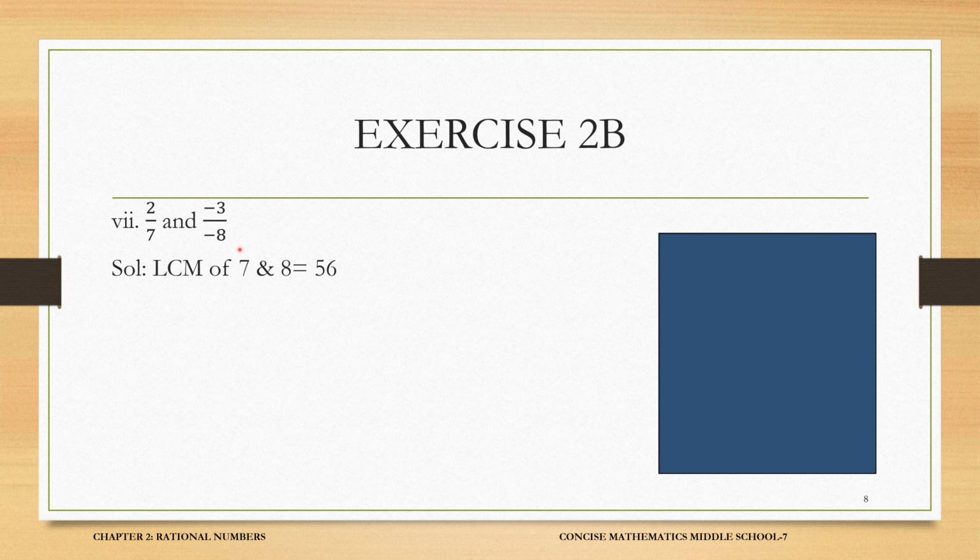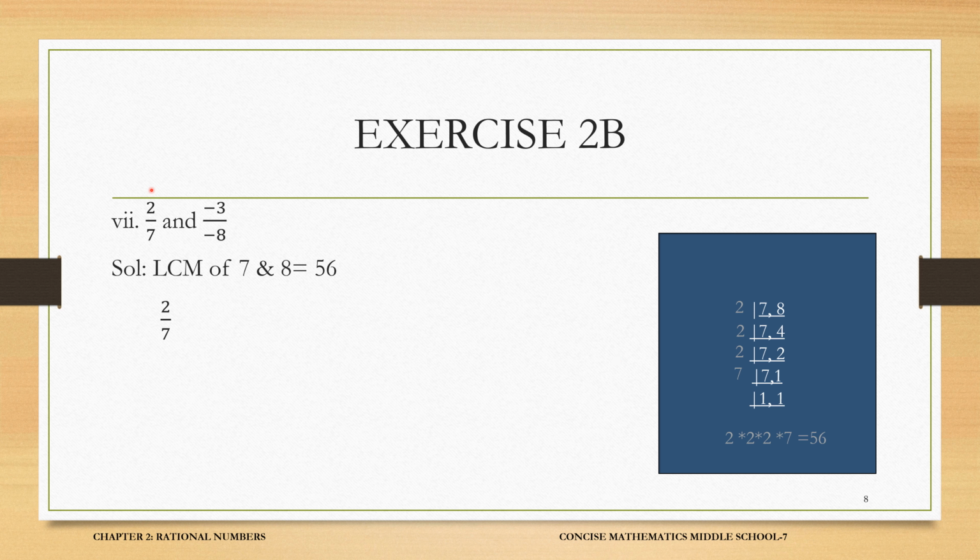How to do the LCM is just write down 7 and 8 and divide it with 2 first, right? 2 4s are 8 and 7 you can write down as it is. 2 2s are 4 and 7 as it is. 2 1s are 2, 7 1s are 7. Just multiply all the prime factors together, that is 2 into 2 into 2 into 7. That becomes 56.